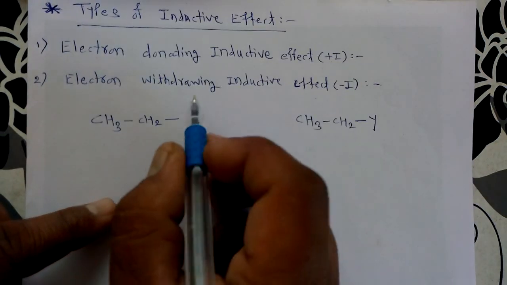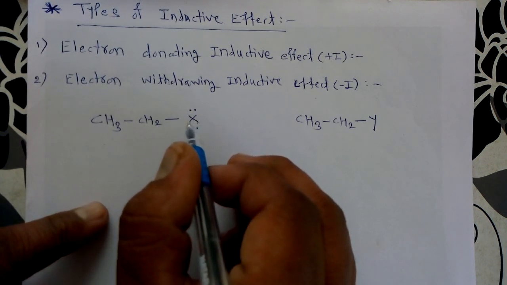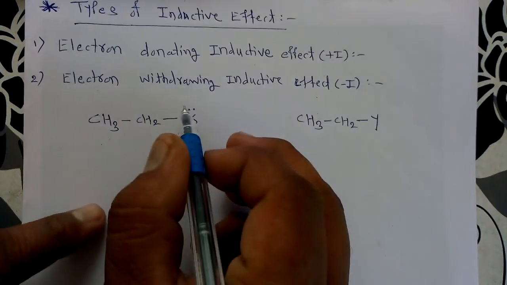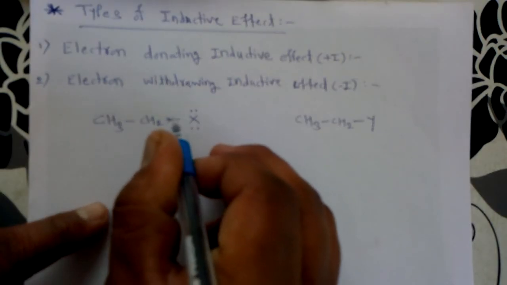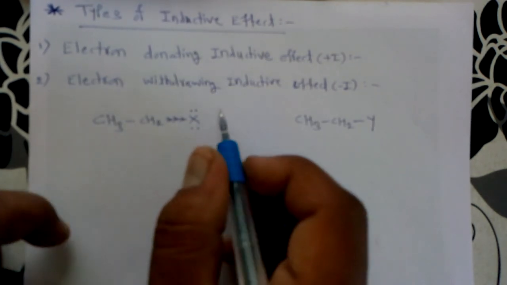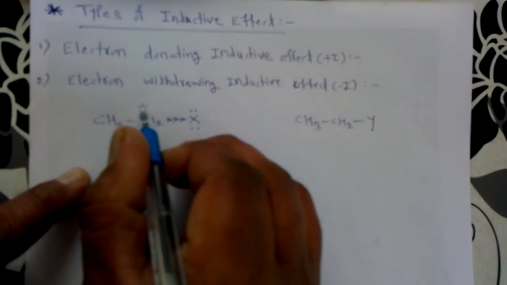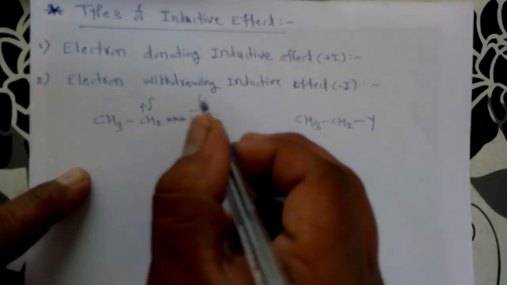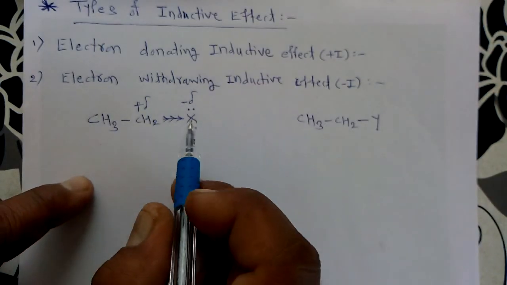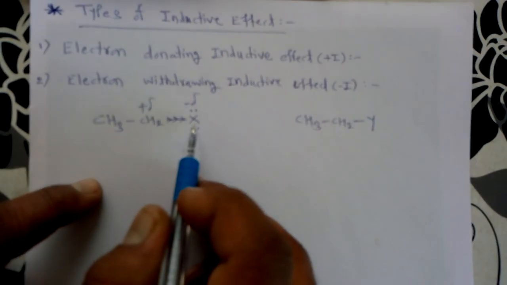For example, if this atom decreases the electron density, suppose this heteroatom X has more electronegativity as compared to this carbon. Then the electron density present in this bond gets shifted towards this X, and that's why there is a formation of partial positive charge on this carbon and partial negative charge on this heteroatom.